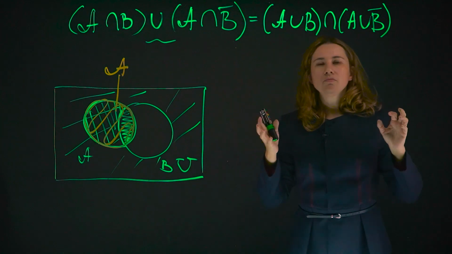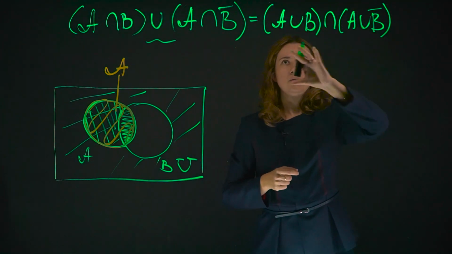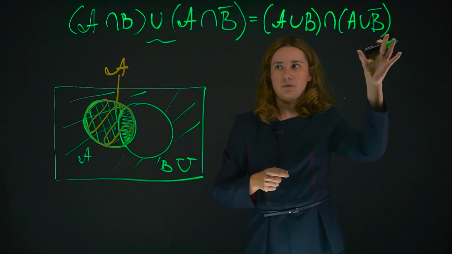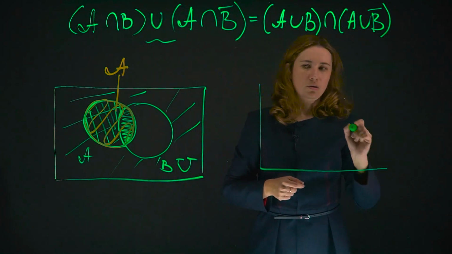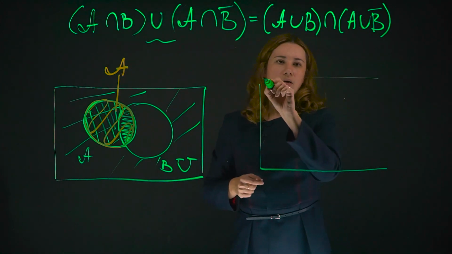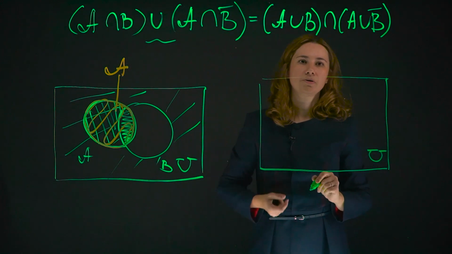Now, let's work with the right-hand side and draw this similar rectangle again. This is our universal set here.